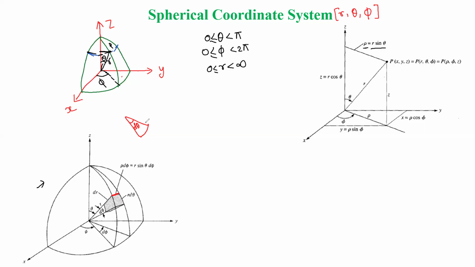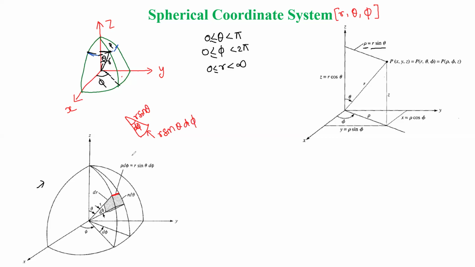It is moving clockwise, parallel to the azimuthal plane. We are rotating along the latitudes, so that is not theta. That is phi. And this radius is what? R sine theta. That is our rho earlier. So finally, the length of this arc will be R sine theta d phi.